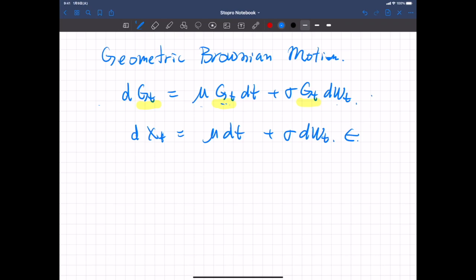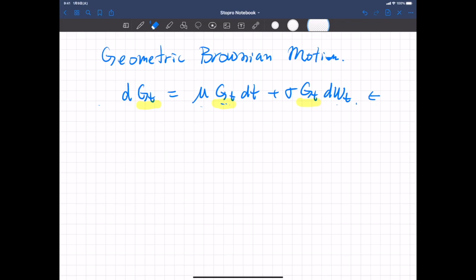Since a stock price cannot be negative, it is more reasonable to use geometric Brownian motion for something that cannot be negative. We want to solve this stochastic differential equation. I cannot tell you how we can systematically solve it, but the solution is already known, which is this.